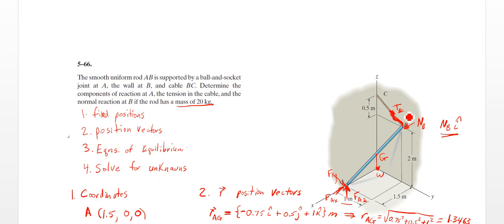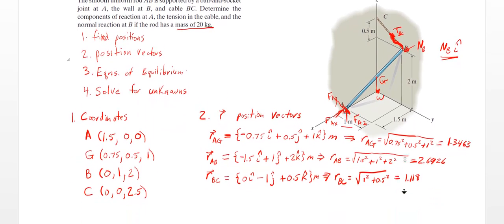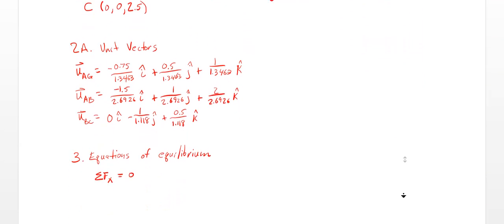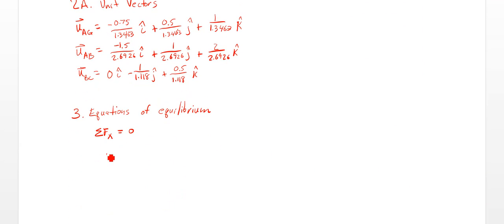The tension in this BC cable is not acting in the X direction. The reaction force here is acting in the X direction. This weight is not acting in the X direction, and this is acting in the X direction. So we can have our normal force at B and our reaction at A in the X direction. So 0 equals NB plus FAX.